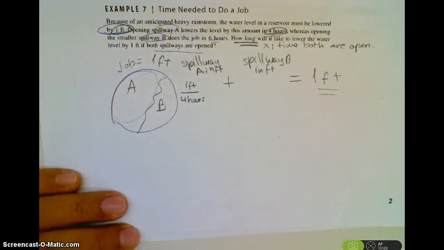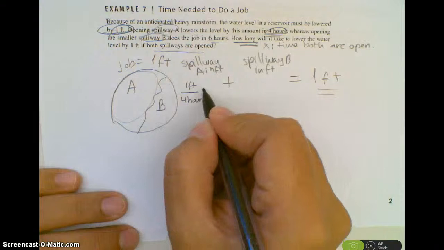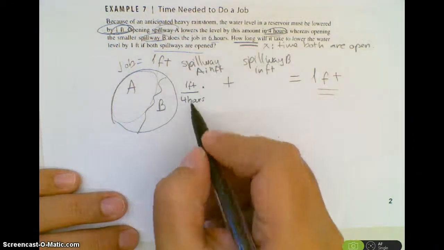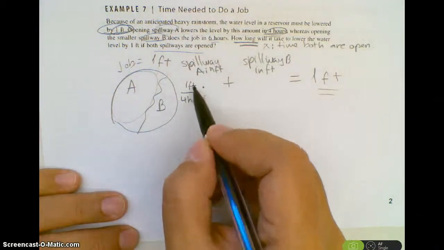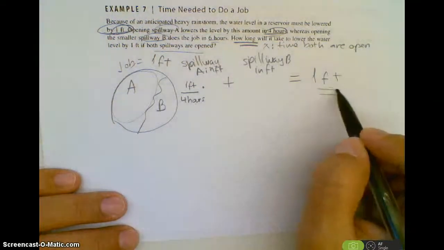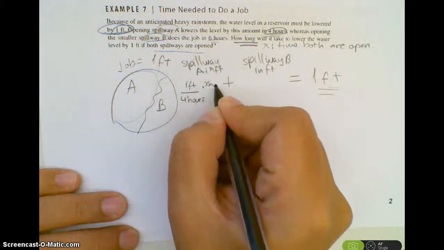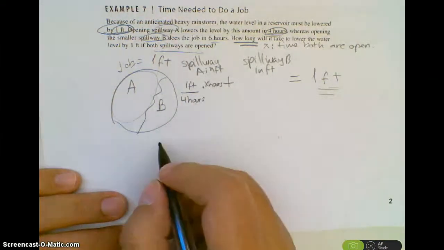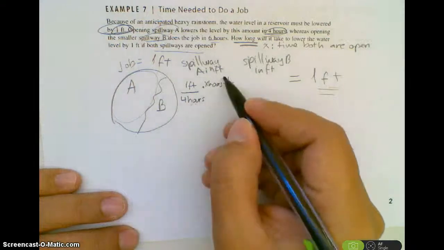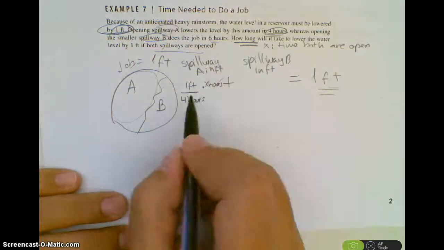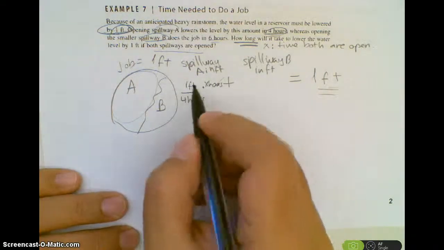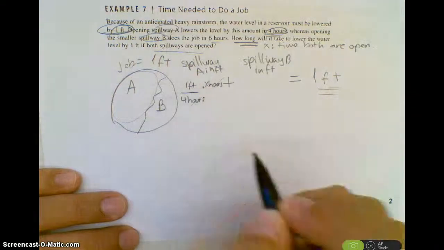Okay, times, you know that if you're adding a fraction that has feet over hours, you're not gonna get feet, so I have to multiply it by X hours. So I know now that ultimately hours and hours will cancel out, so I'm gonna have something that has feet as units.